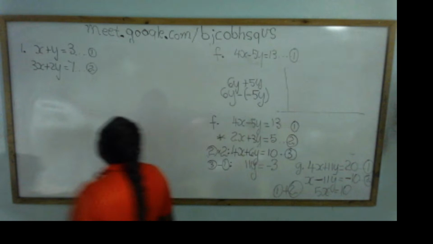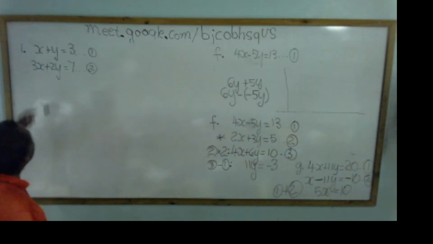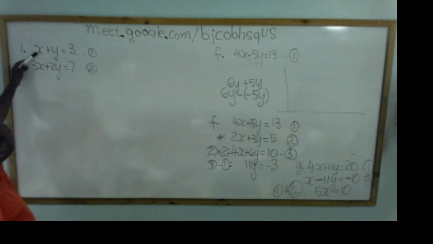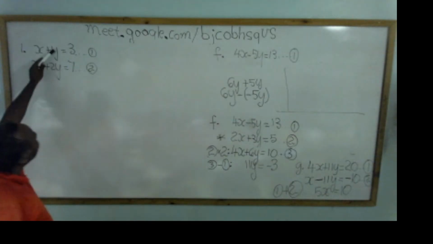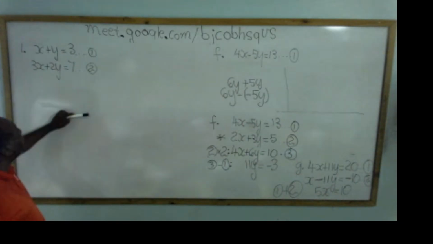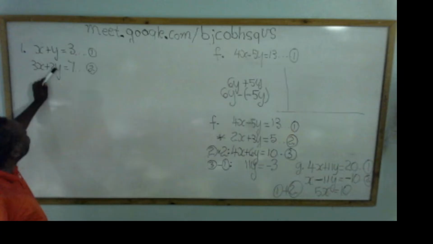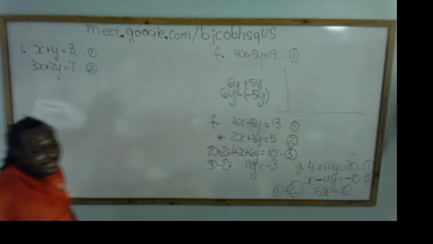Notice here that we have an x here, and we have 3x here. So to get 3x here, all we need to do is multiply this by 3. So we'll just get 3x, and the x's will be eliminated. Also, y. And then we have 2y here. So if we multiply this one by 2, which one should we multiply by?